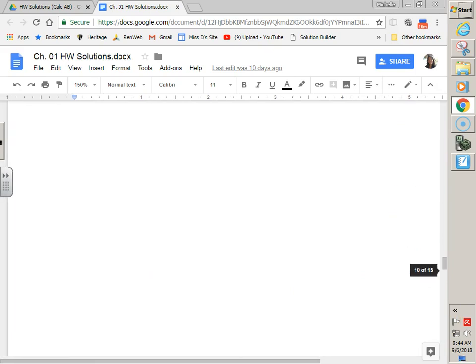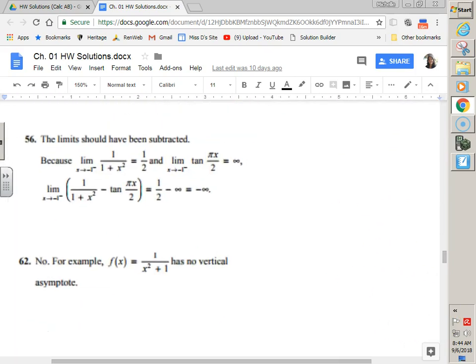Okay. Section 1.6. Did I miss any odds along the way? Ale? 35? Infinity over infinity is actually indeterminate. But it shouldn't show up until section 1.6, degree test.